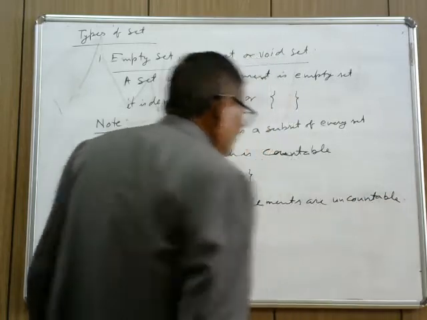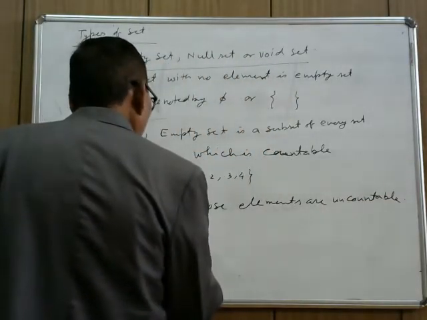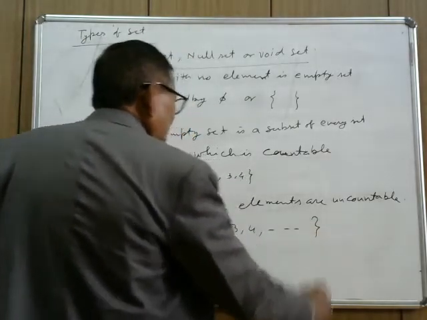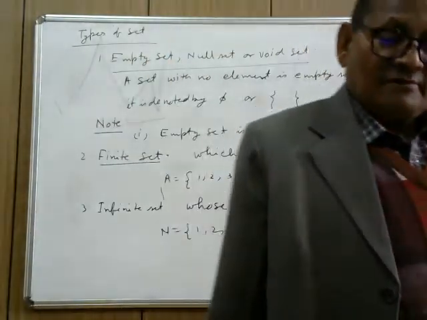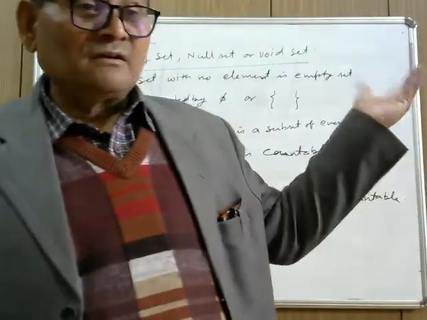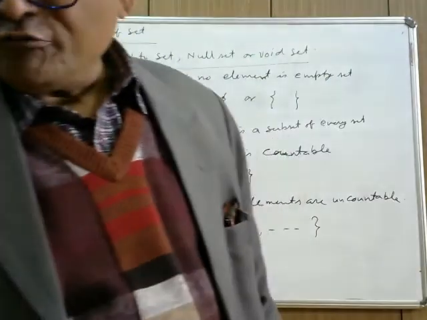We cannot count. The set of natural numbers 1, 2, 3 and so on is uncountable. The set of real numbers, the set of rational numbers, the set of animals in the forest, the set of leaves of the trees are all uncountable.